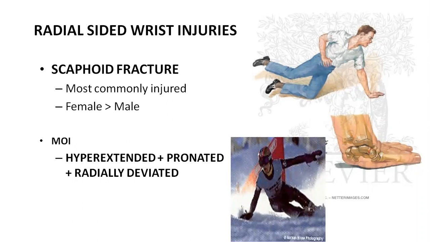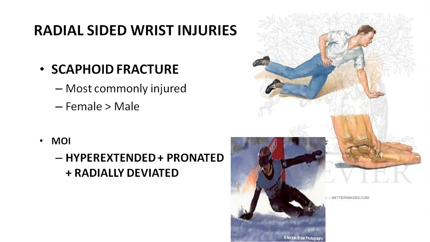If we elaborate this mechanism, basically there is hyperextension of the wrist, the forearm is pronated, and there is radial deviation. The combination of these three mechanisms, hyperextension of the wrist, forearm pronation, and radial deviation, makes the scaphoid or other carpal bones prone to fracture.